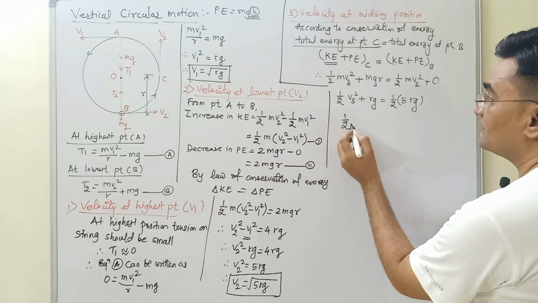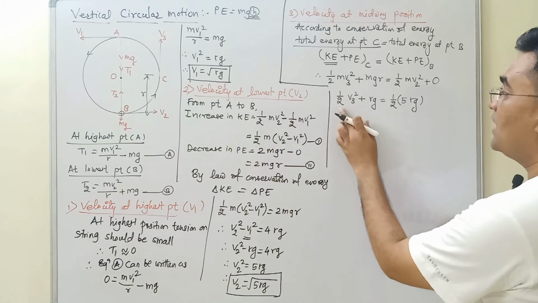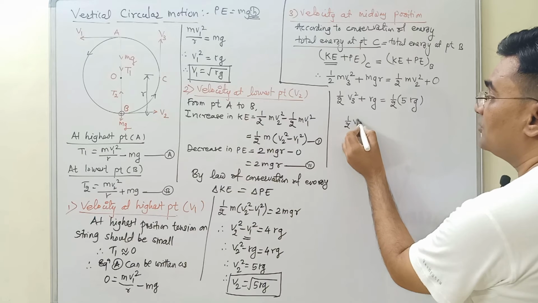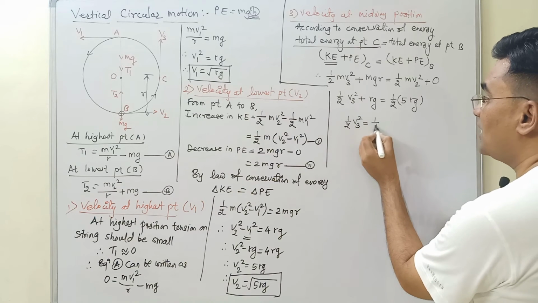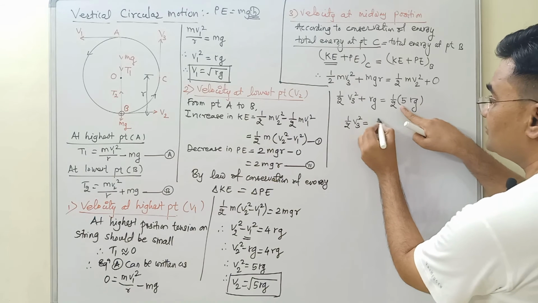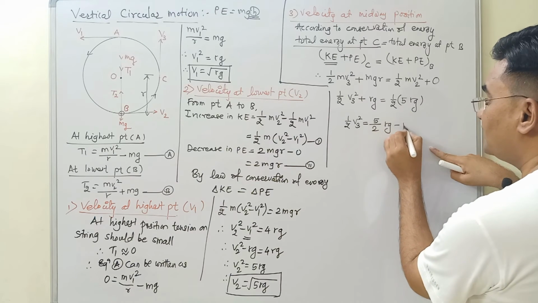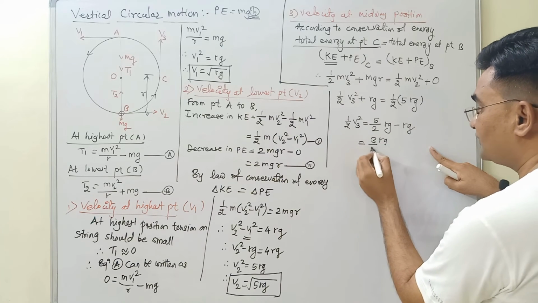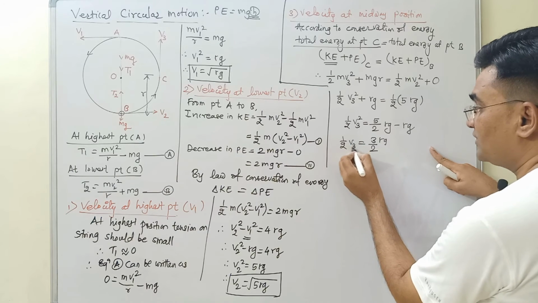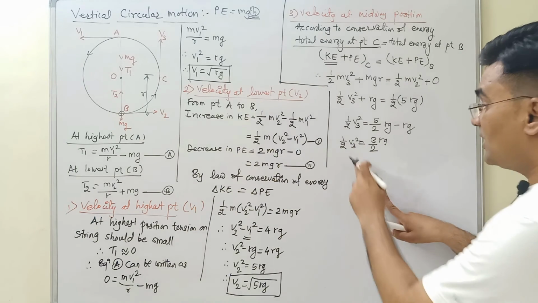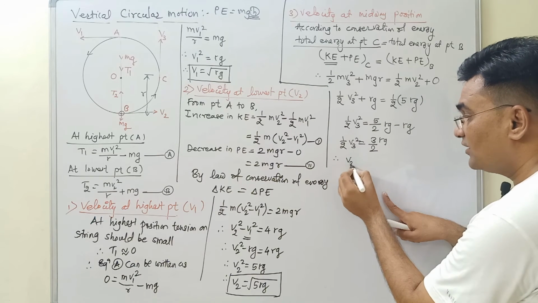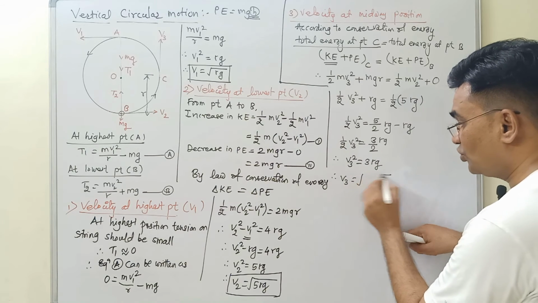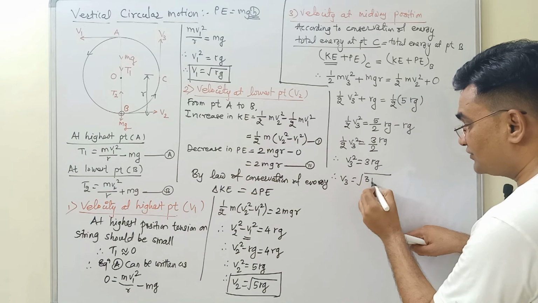So half v3 square is equal to 5 by 2 rg minus rg, which is 3 by 2 rg. Half v3 square equals 3 by 2 rg. The half gets cancelled on both sides, so v3 square equals 3 rg. Therefore, v3 equals root of 3 rg.